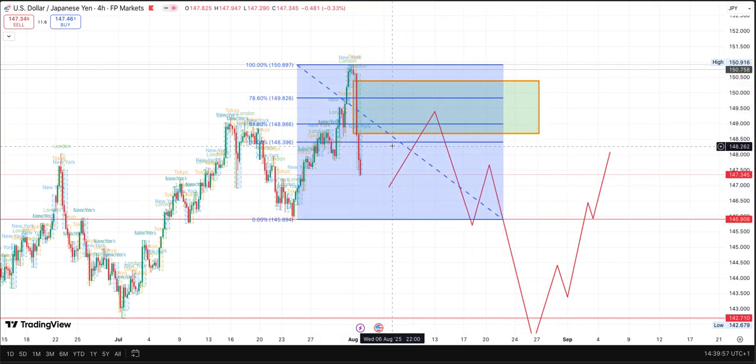I was expecting it to get to 50%, right? But my stop loss stopped at 50% when I took the Fibonacci from this swing to the last swing here. I was expecting it to get to 50% and stop there, but it didn't.